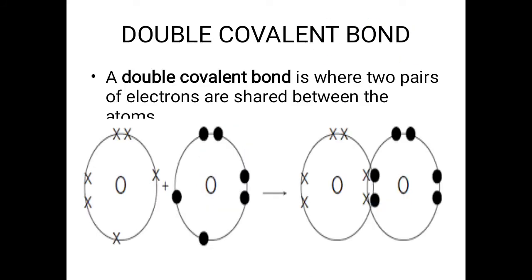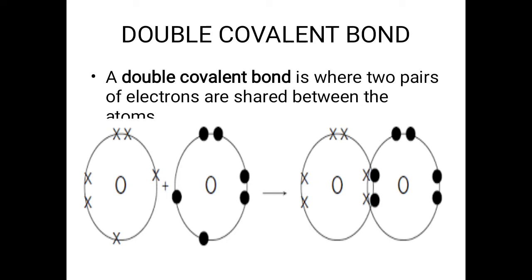Now, after getting a clear concept and understanding with examples of single covalent bond, we will see how a double covalent bond is formed. You see, the condition for making a double covalent bond is 2 pairs of electrons sharing. So here we see the oxygen molecule. You know, oxygen's atomic number is 8 and its valence shell has 6 electrons.